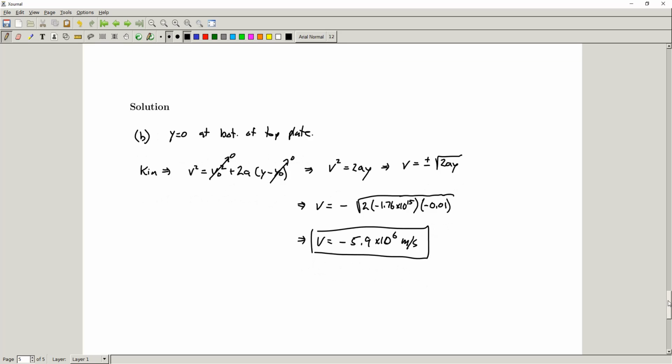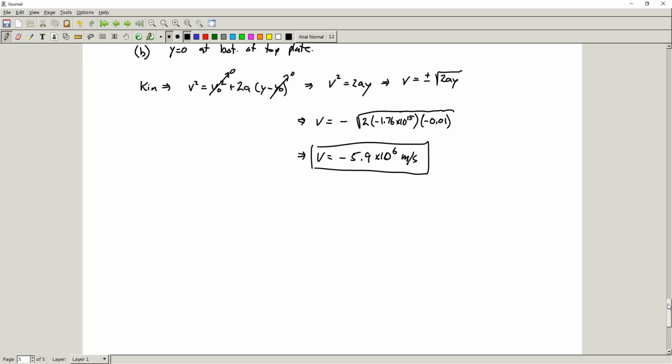I believe in part C we were looking at the kinetic energy that this particle is going to have as it slams into the bottom plate. And so we just remember our expression for kinetic energy. That's simply 1/2 mv squared. And we just calculated what v was. We were told what m was, and so we can pretty easily do this calculation, right?